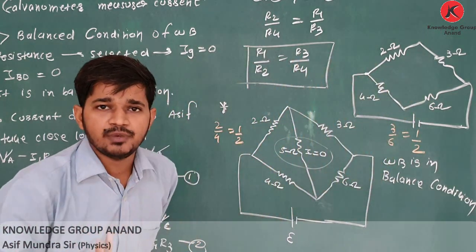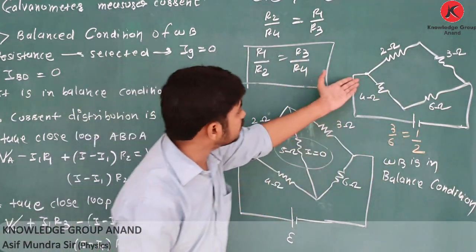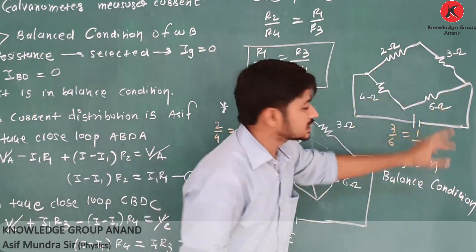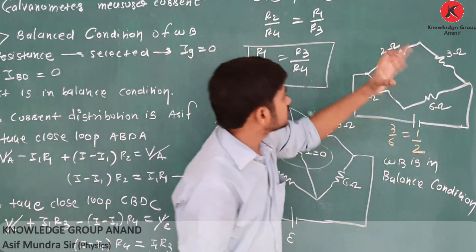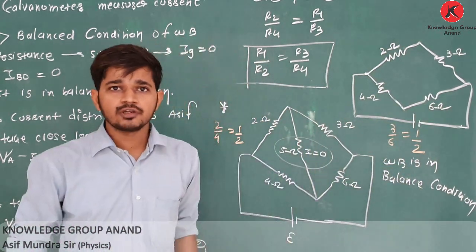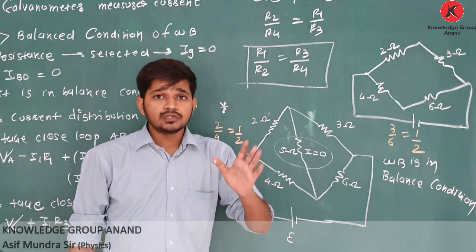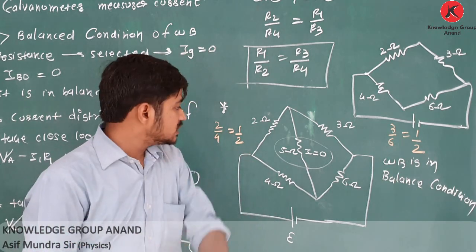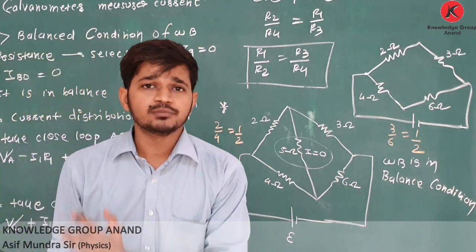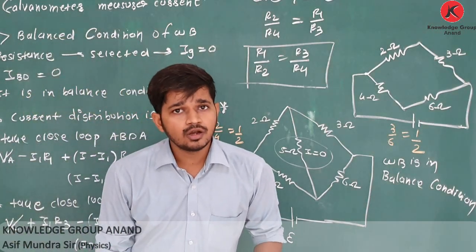Now this circuit becomes simple: 2 and 3 in series, 4 and 6 in series, and then a parallel connection between them. Clear about this? You will have a number of MCQs based on this Wheatstone Bridge circuit.